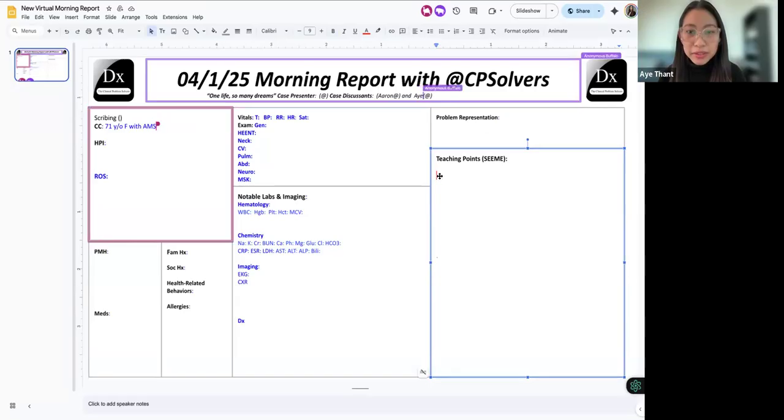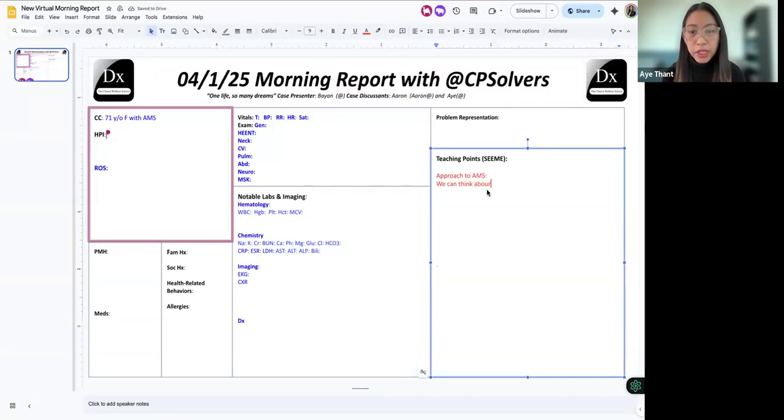Yeah, with altered mental status, as you have taught us, we will have differentials for neurologic causes, psychiatric causes, and other systemic causes. For neurology, we have a lot of broad differentials affecting the brain. So it can be infections like encephalitis, meningitis, and also autoimmune encephalitis.